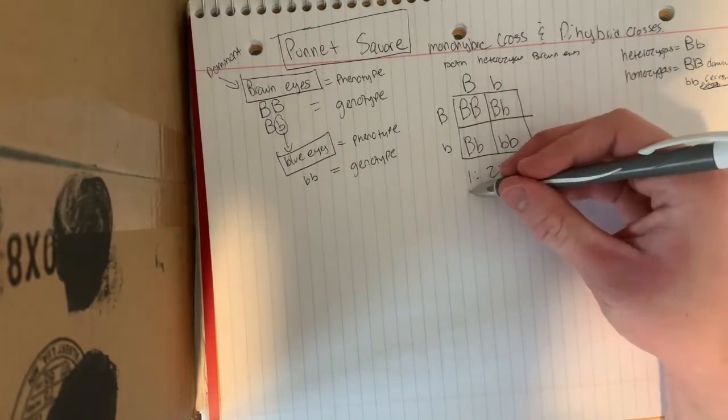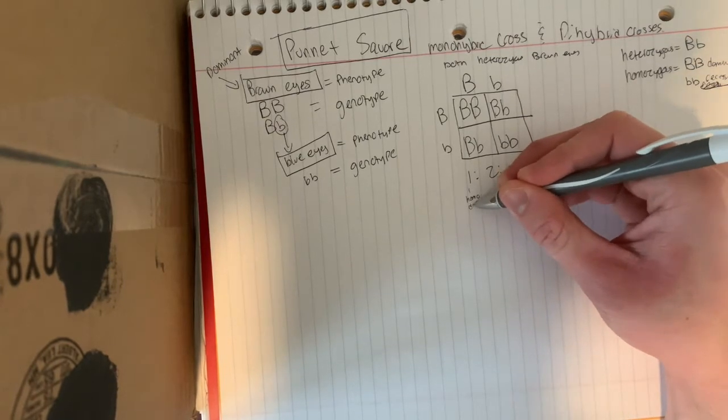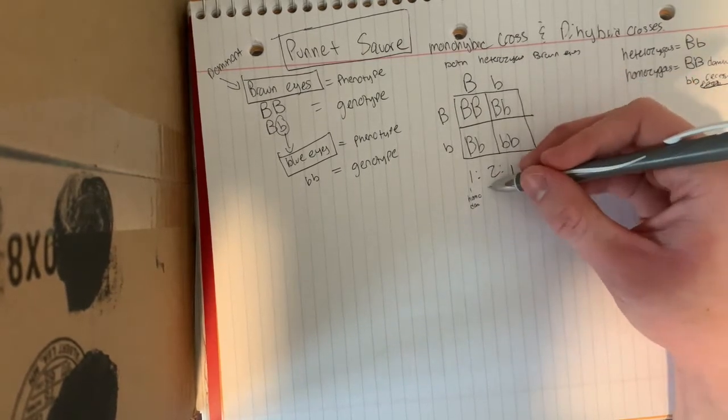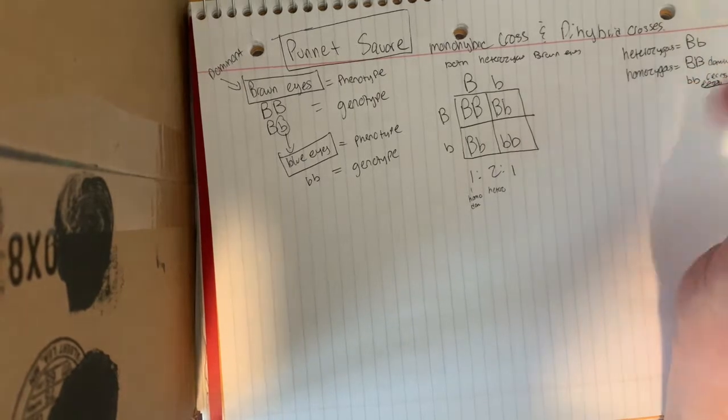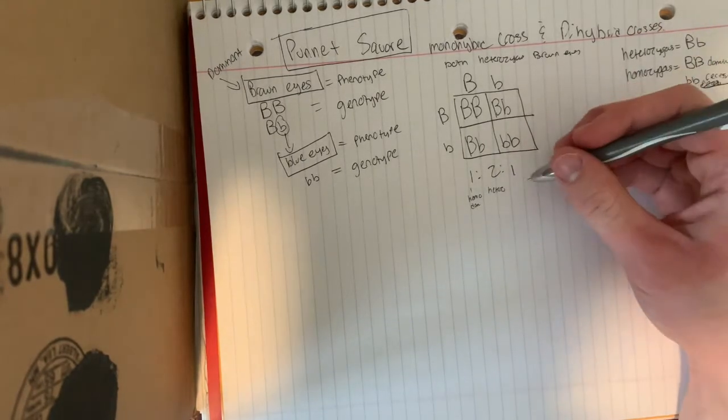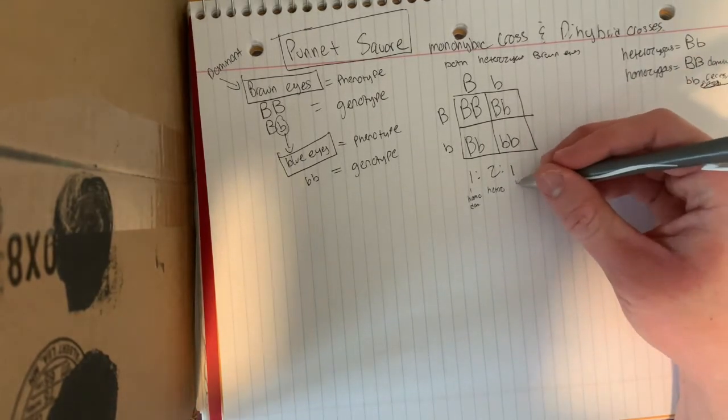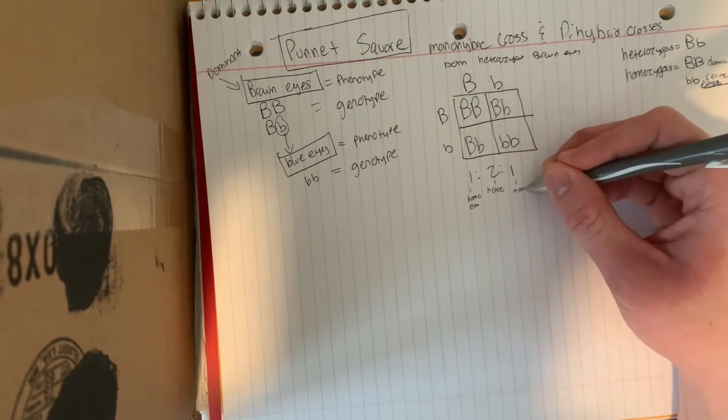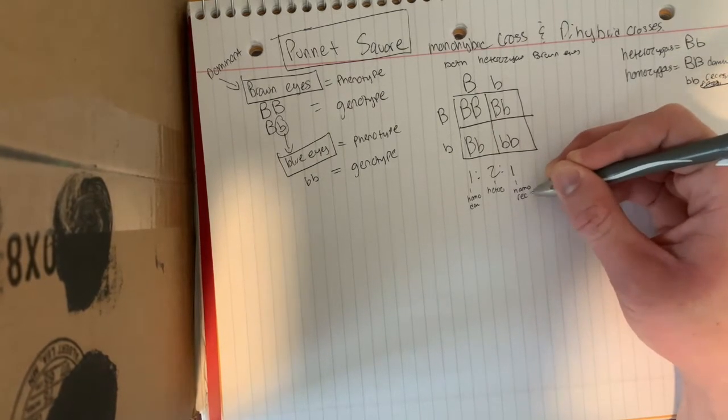So this is, I'm going to say, homo-dom. This is hetero. I'm excluding the zygous for writing's sake. And this is homo-recessive.